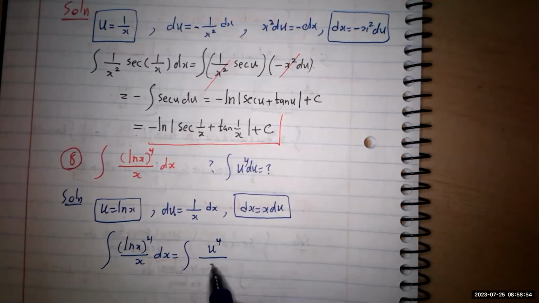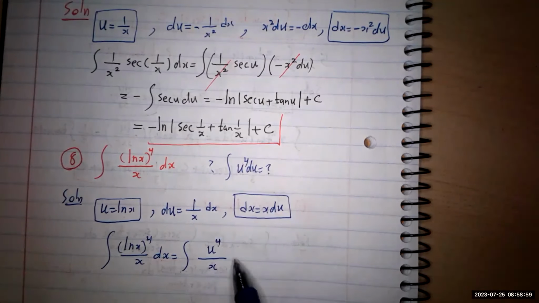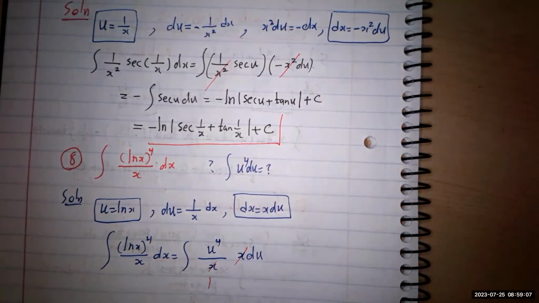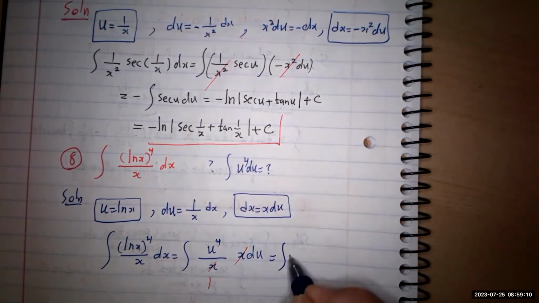You don't have anything for the x, don't worry. And you do have the dx. What's the dx? dx is x du. You see, the x would disappear. So the result is simply what we are looking for, integral of u to the 4th du.